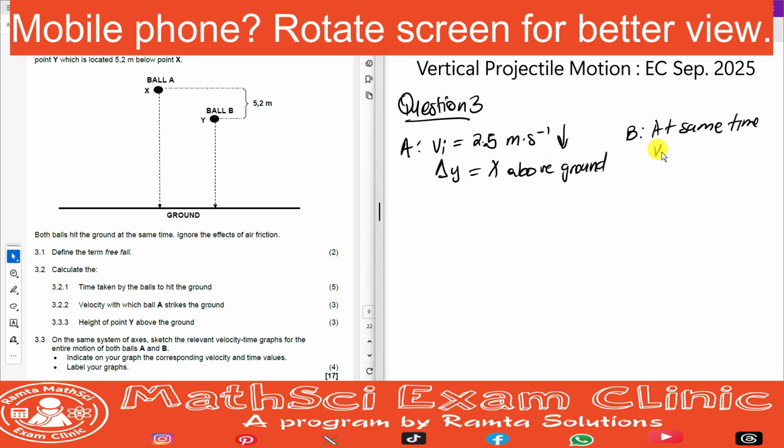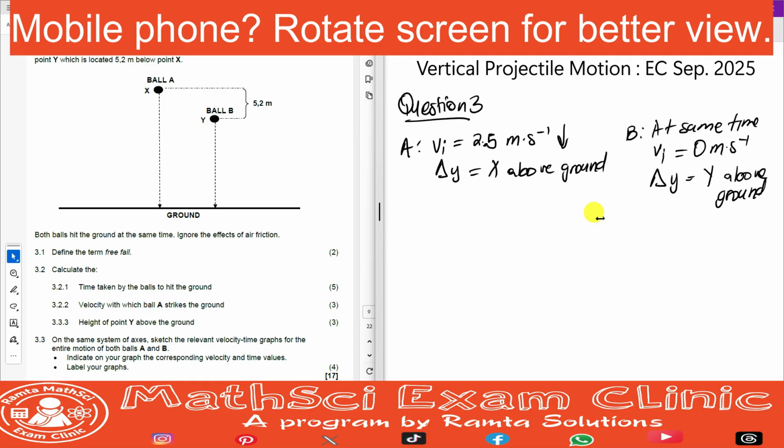So its initial velocity is 0 meters per second because it's dropped from a point Y. Its height is Y meters above the ground.